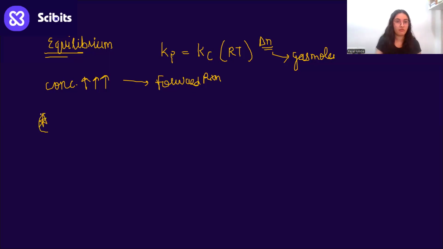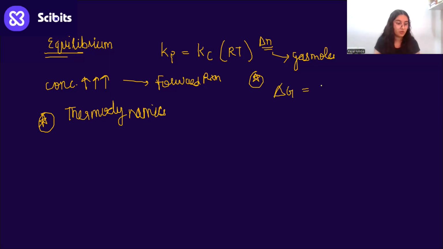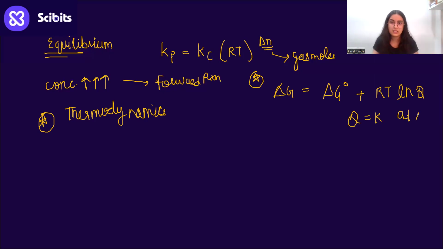Now, this is also important in terms of thermodynamics. Oh, I forgot to mention one formula. This is a very important formula: Gibbs free energy is equal to standard Gibbs free energy plus RT natural log of Q, where Q is equal to K when delta G is equal to 0.